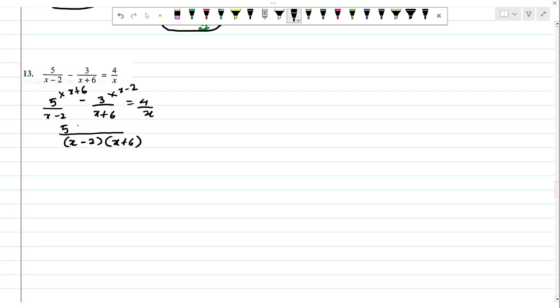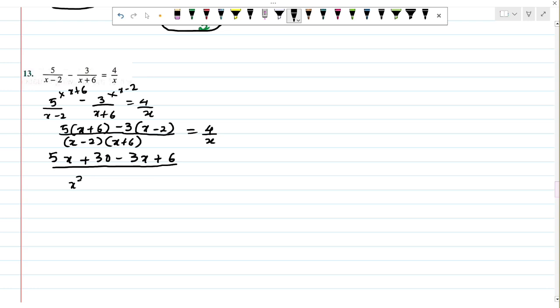So 5 of x plus 6 minus 3 of x minus 2, which is equal to, the RHS part remains as it is.